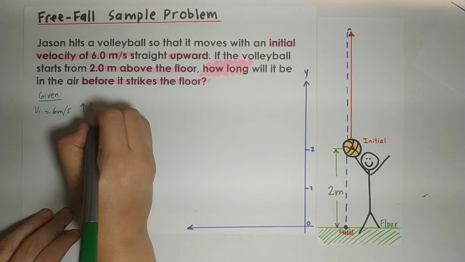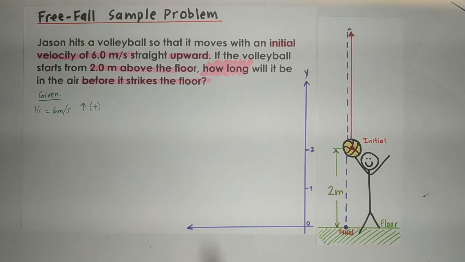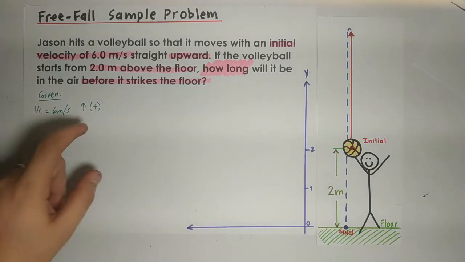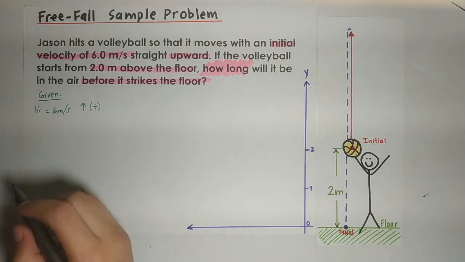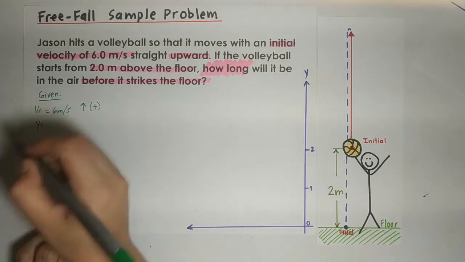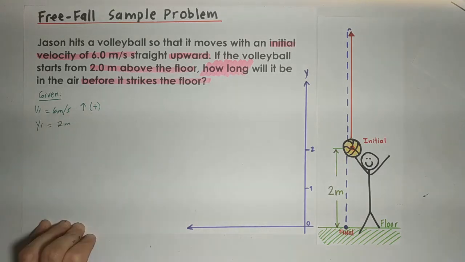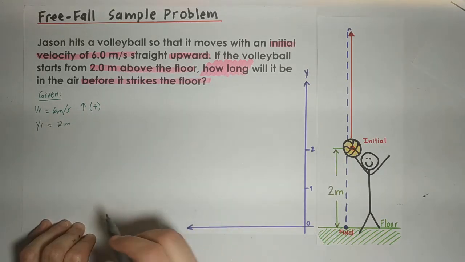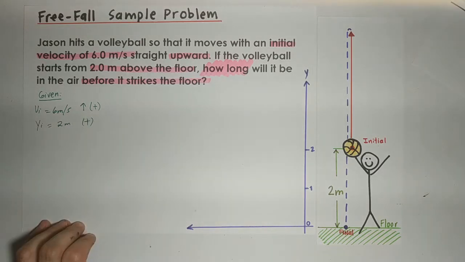As it is upward, we're going to consider it to be positive. Now it says the volleyball starts from 2 meters above the floor. So that will be my initial position in the y-axis equals 2 meters. As it is above the floor, we could consider it to be positive. Now, the question is, how long will it be in the air?